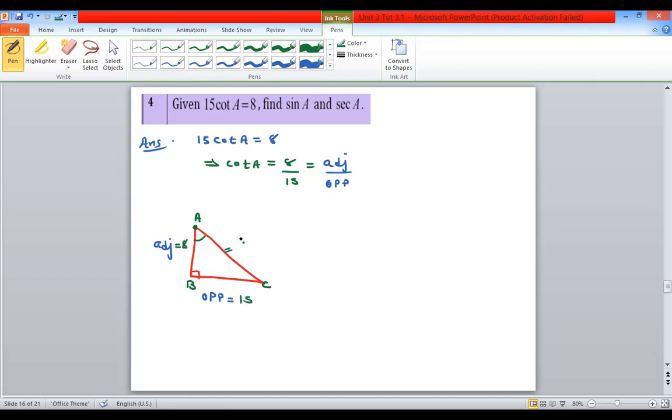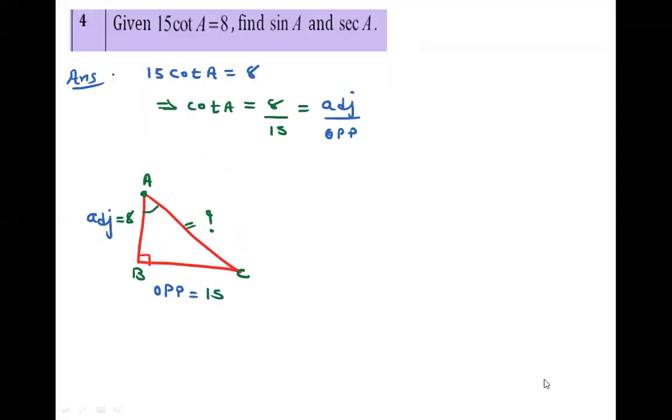First of all, you can get the hypotenuse by the Pythagoras. The formula of cot is adjacent upon opposite.